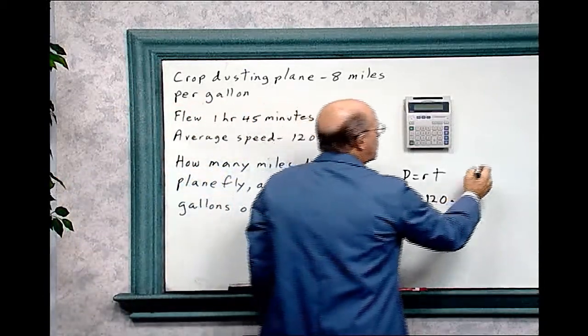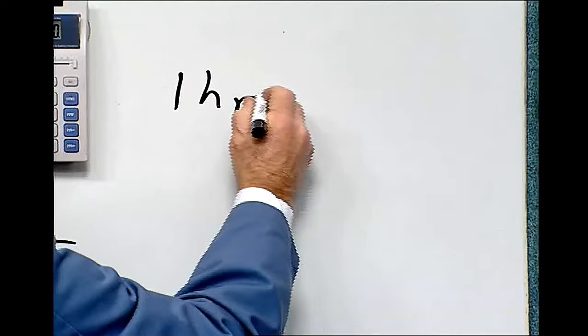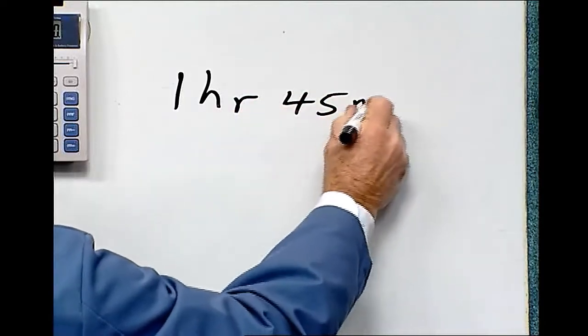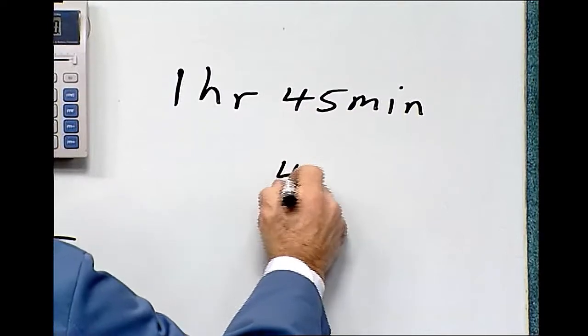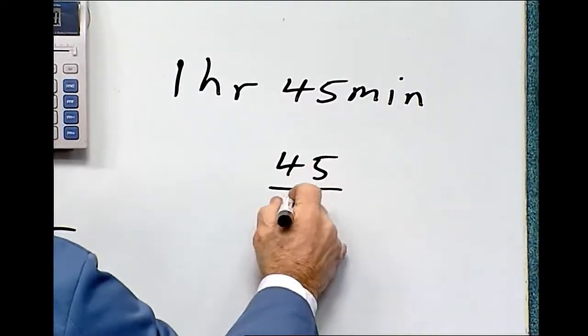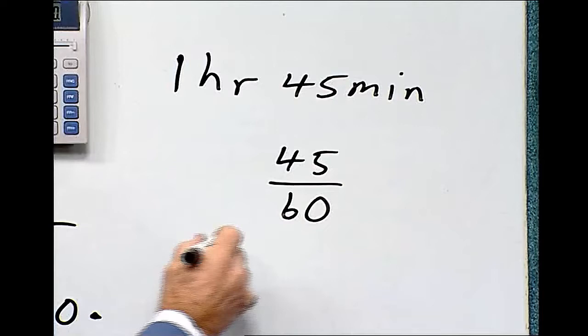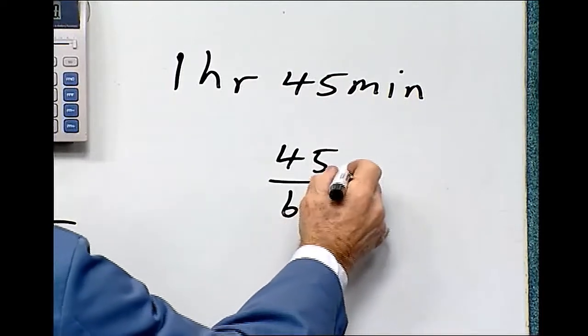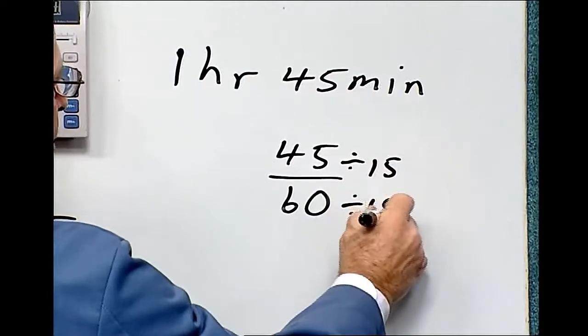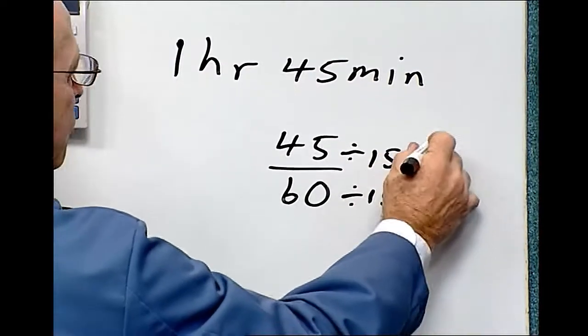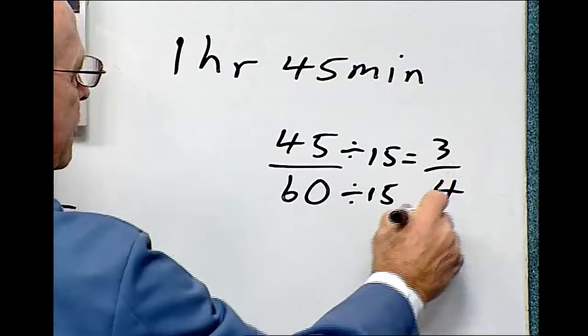So 1 hour and 45 minutes, and the 45 minutes then, we have to change that into an hour. And we can divide each side by 15. We'll do it the long way, then we'll use the calculator. That'd be 3 over 4.